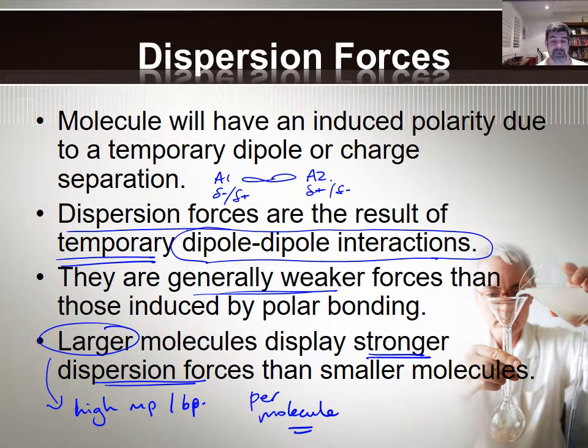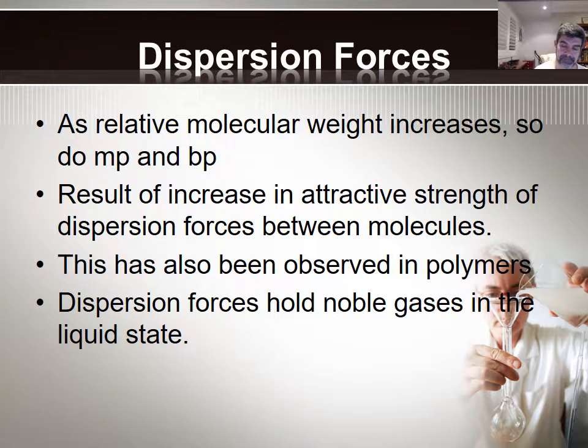So that's one of the reasons why we find, for example, in the sequence of alkanes, an increase in melting point as we increase the number of carbons. Put simply, as the relative molecular weight increases, so does the melting point and the boiling point. This is a result of an increase in the attractive strength of the dispersion forces between the molecules.